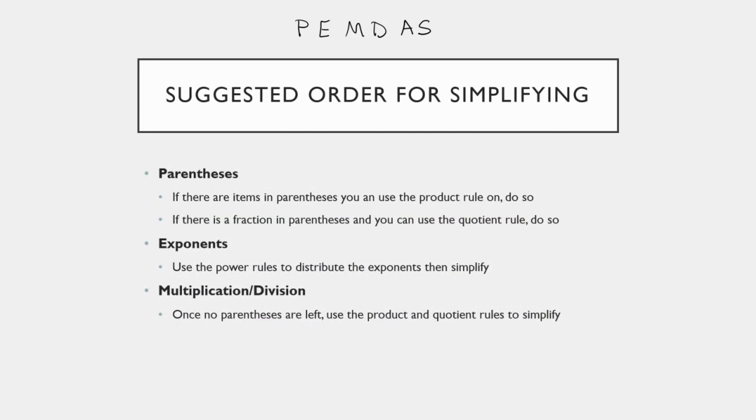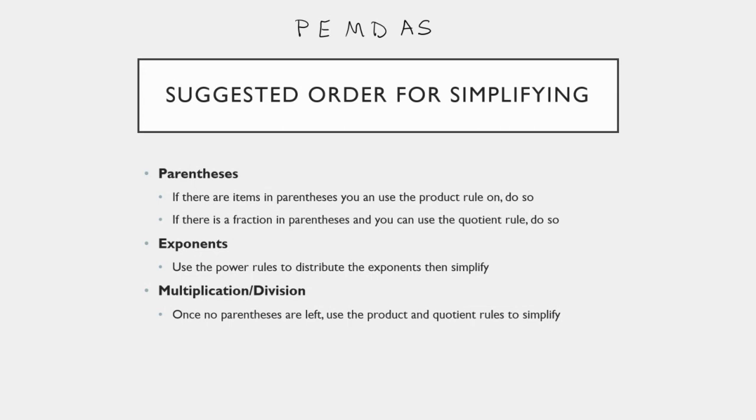So your first step is parentheses. So if you have things in parentheses that you can simplify, then you do that first. And that usually means you're either going to do the product rule or quotient rule, which we covered in 5.1. Once you've simplified all of those things, then you're going to work with the exponents.